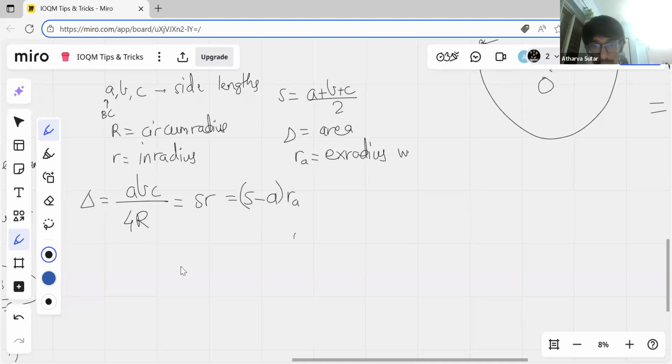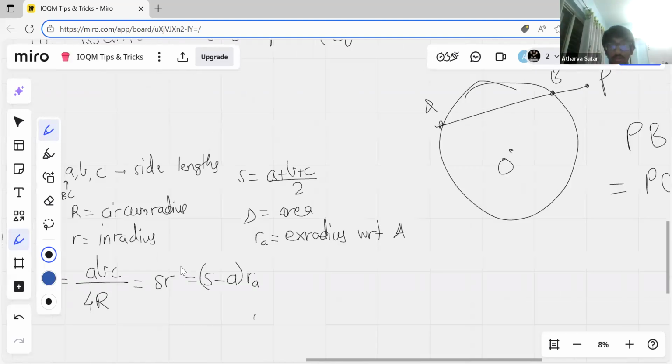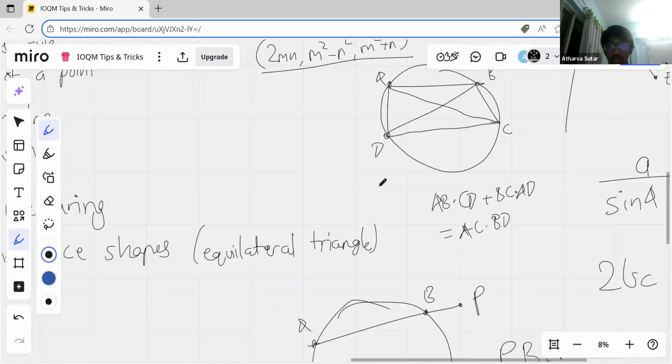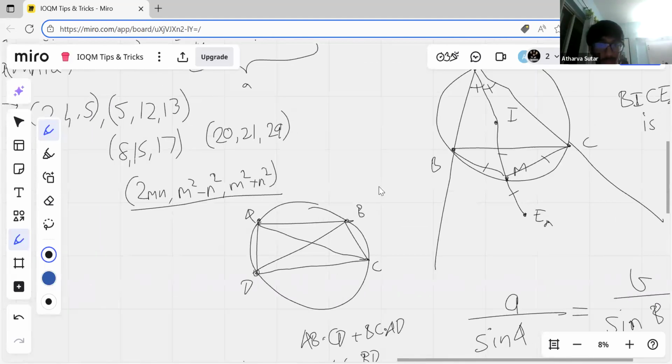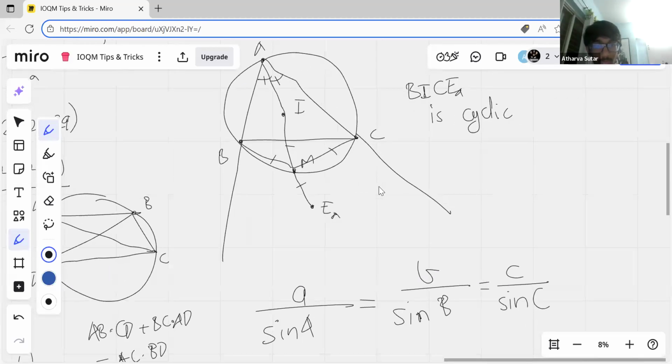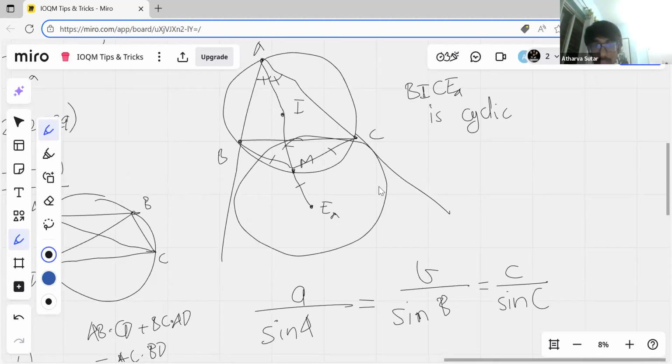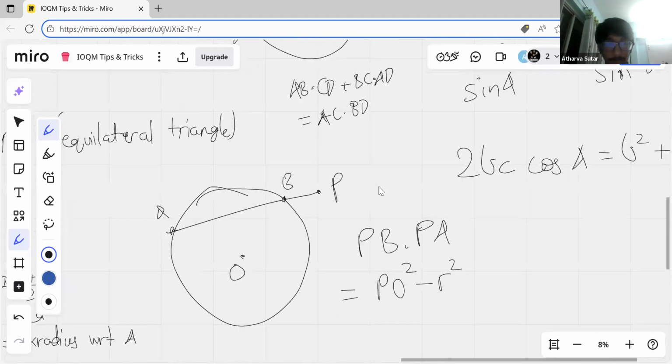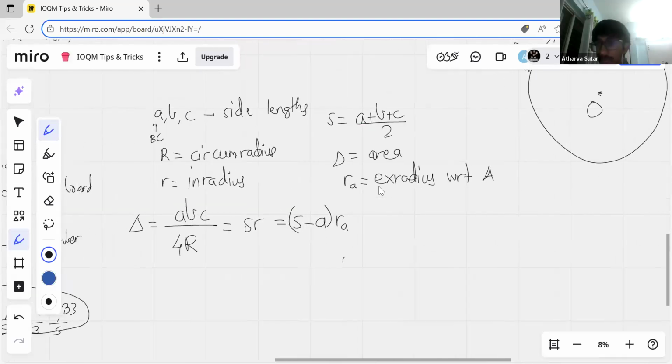with respect to A. In this case the circle would be something like this, the A-excircle. So this would be the A-exradius, this would be RA. Then you have Heron's formula, S into S minus A into S minus B into S minus C, under root, of course.